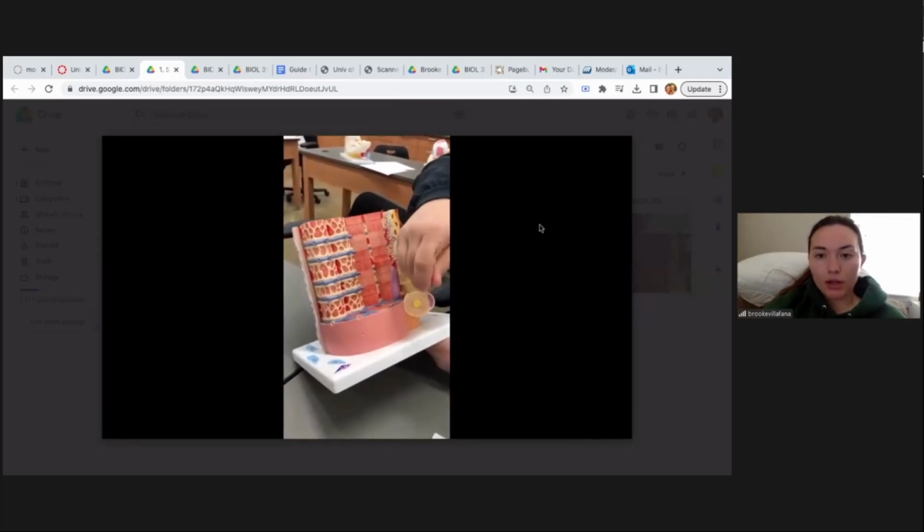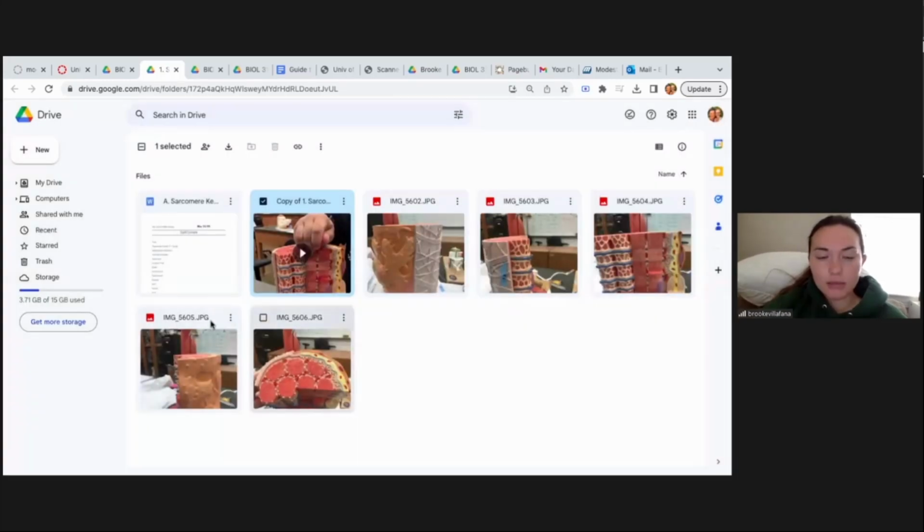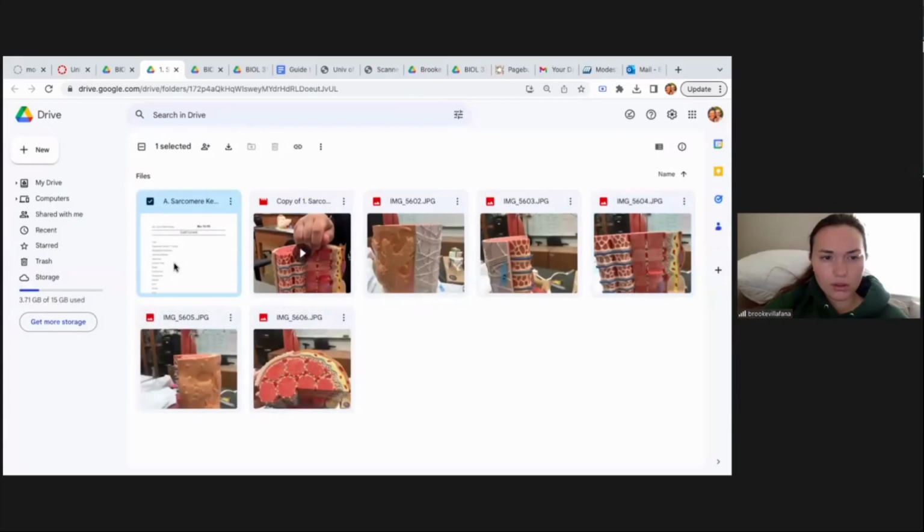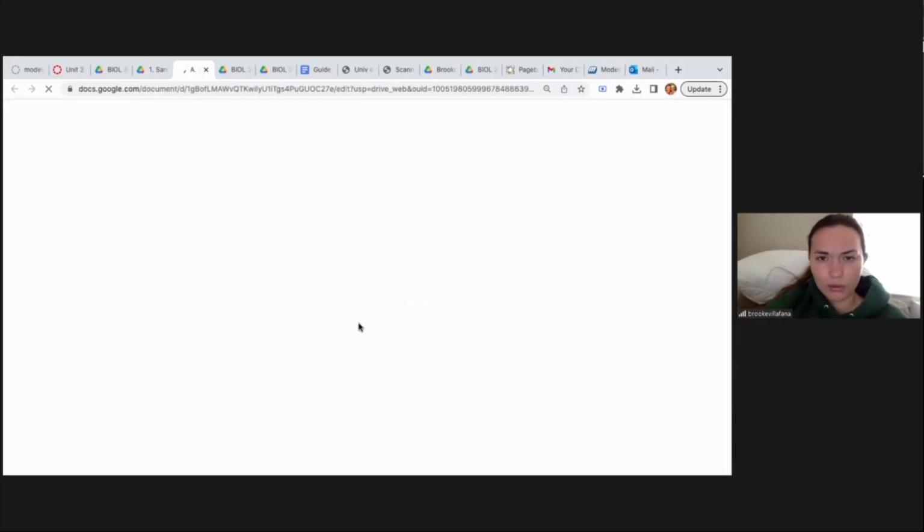Sarcoplasm on the model. Oh, is that on the list? The sarcoplasm is going to be your cytoplasm. So sarcoplasm would be probably like the area right in here if I was pointing to it. I don't know that we usually test you guys on that. I've never gone over that on this model. Let me make sure.